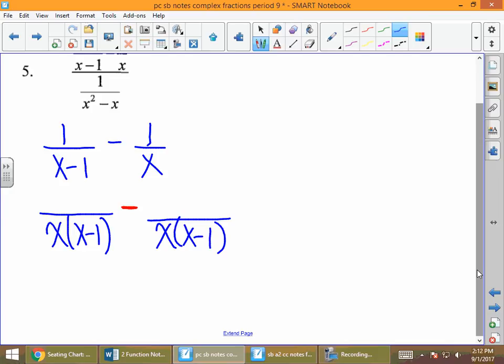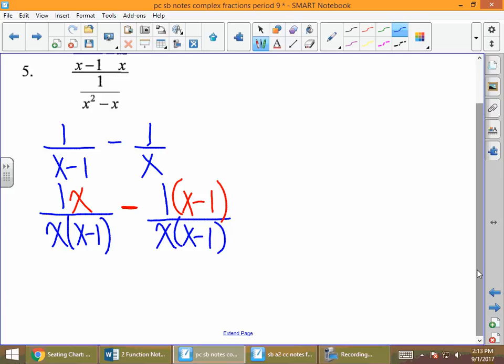And then we ask ourselves, what did we put into the denominator that wasn't in there already? Well, in this left-hand fraction, we put in there an x. In the right-hand fraction, we put in an x minus 1. Again, don't cancel anything out.